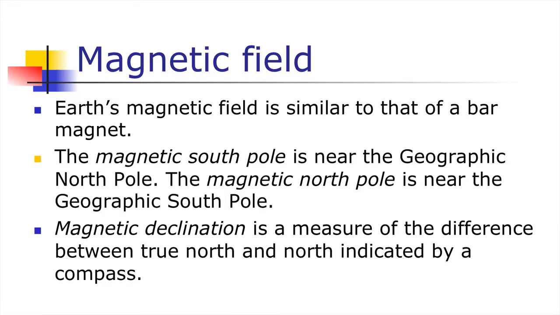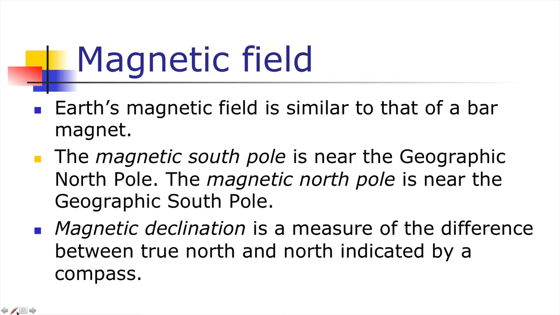So the Earth's magnetic field is very similar to that of a small magnet. You can imagine the Earth has one gigantic piece of magnet inside it, running from its north pole to its south pole.